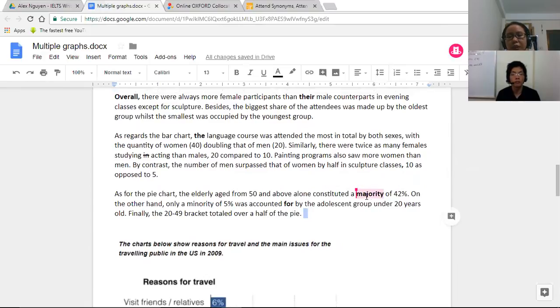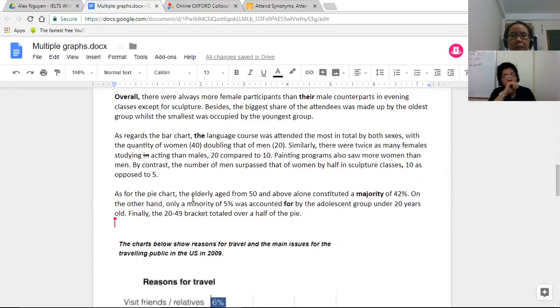I was trying to suggest one more thing here, because we're trying to express the idea that this 42% is a big deal, right? It is big, it is important. It is major. Then I think we should add an adjective, to show they are still the dominant group, right? Yes. So I think we should add the adjective besides the word alone.